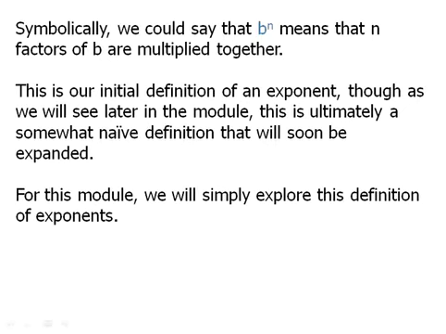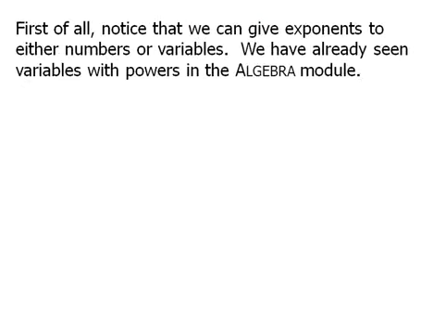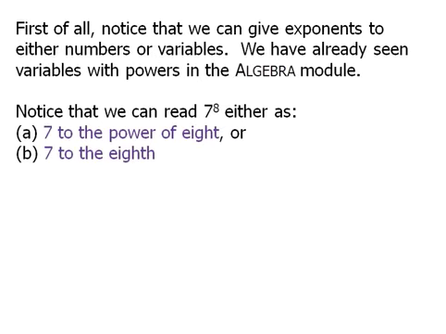so we can stick with this very intuitive definition of what an exponent is. First of all, notice that we can give exponents to either numbers or variables. We have already seen variables with powers in the algebra module, especially in the videos on quadratics, where you have x squared. Notice that we can read that expression either as 7 to the power of 8 or 7 to the 8th.